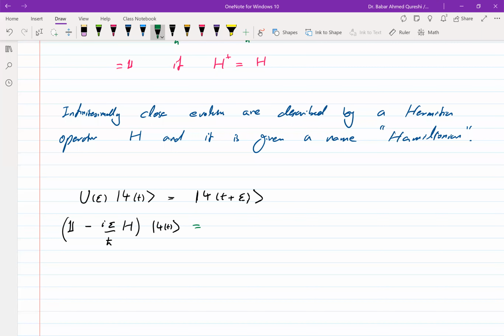And over here, I'm going to Taylor expand it. This is a state vector, but its labels include some real numbers, so it's just a function which takes values in the vector space. But that's okay, I can still Taylor expand it. When I Taylor expand it, I get an expansion in epsilon, evaluated at time t.